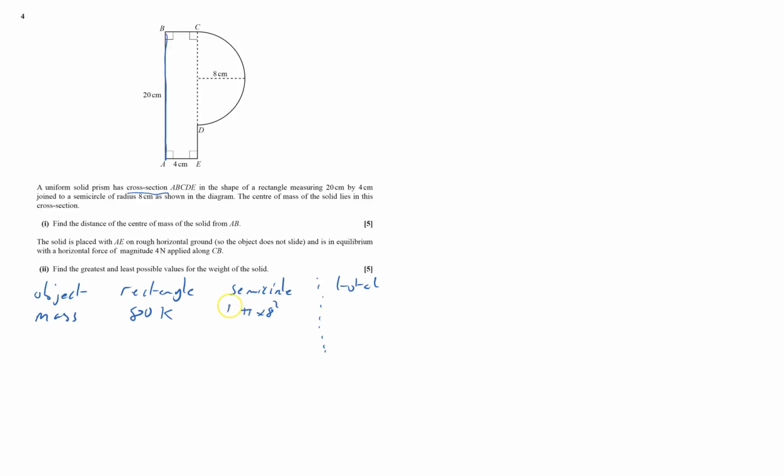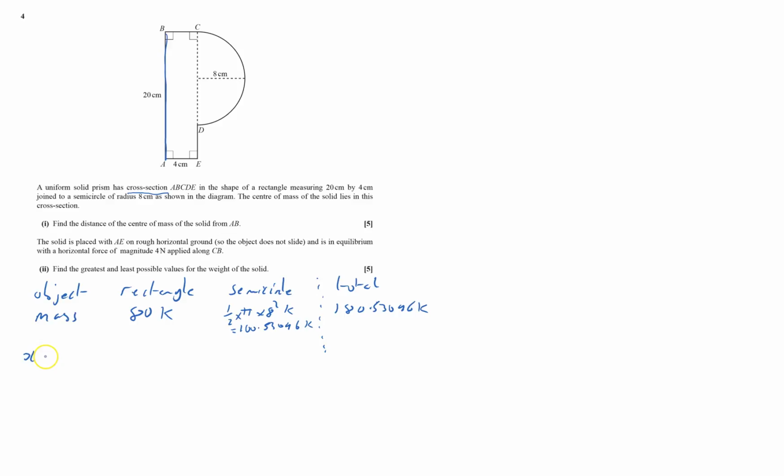But it's half a circle, so it's half of that. I need to times that by K, and I'm going to work it out, so it's going to make it easier. That is 100.53096. And so my total weight will be 880.53096 K.